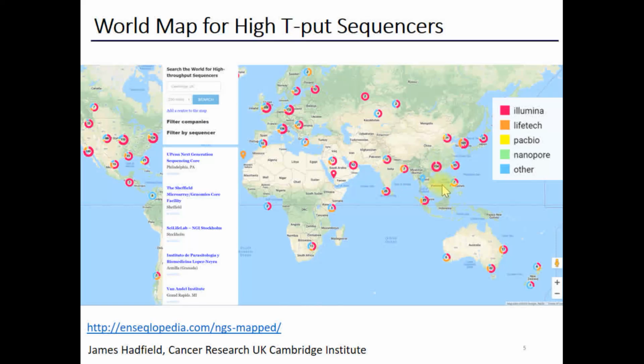Actually, I think this map is kind of outdated because as I know, BGI in Shenzhen, even though they have a lot of Illumina sequencers, nowadays started using their own sequencers, BGI sequencers. Also, Chinese scientists have recently sequenced the whole genome of the coronavirus.